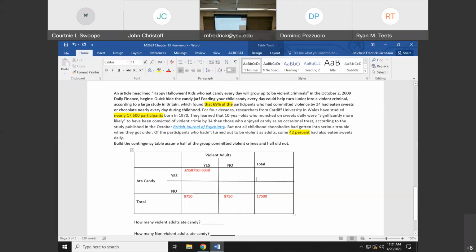There we go. So then this one would just be your 8750 minus 6038.